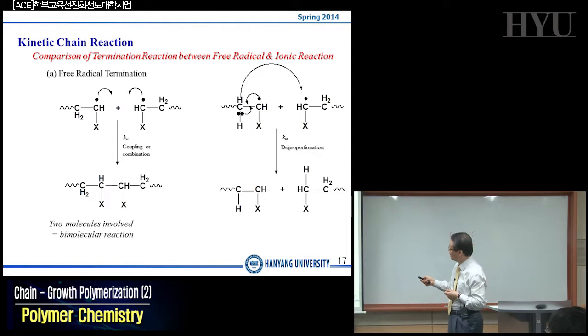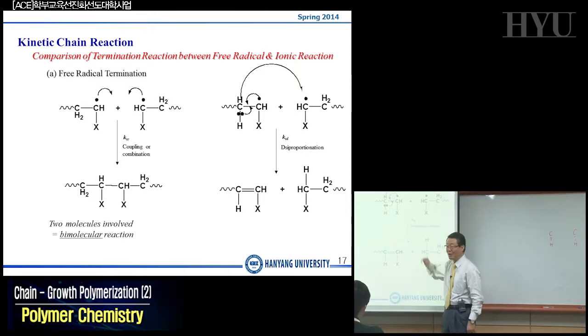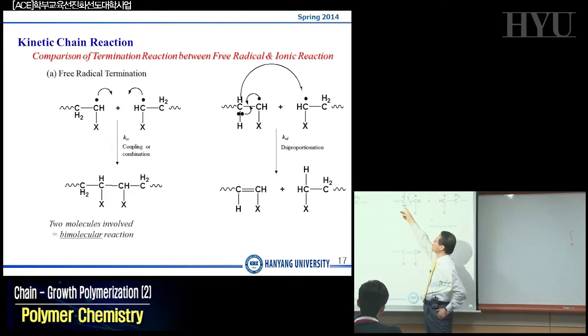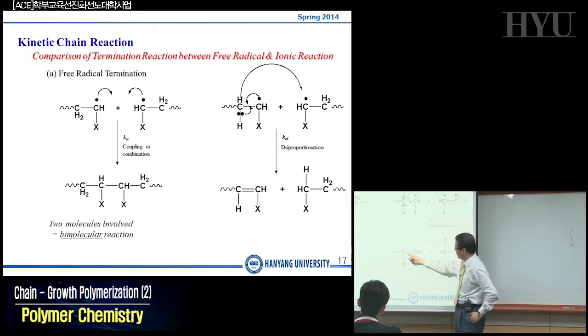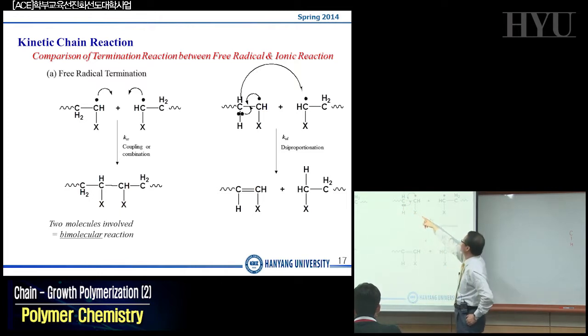One of these H dots will be moved to here to become CH. I know it's very complex, but this C and H is two electrons. One of these electrons will be moved here and combine with the other radical to become a double bond, and the hydrogen radical will be moved to here to become this CH bond.